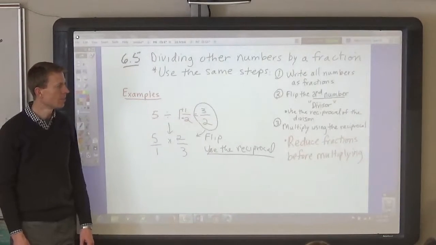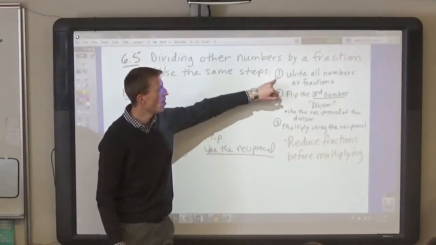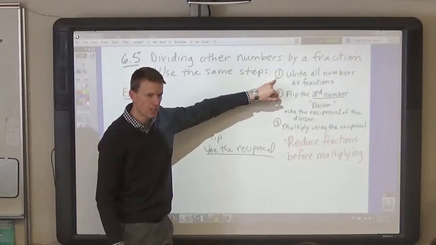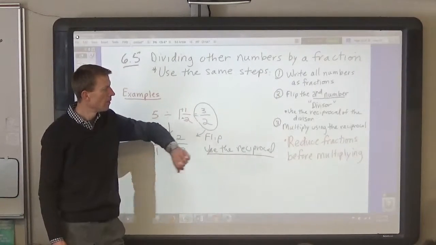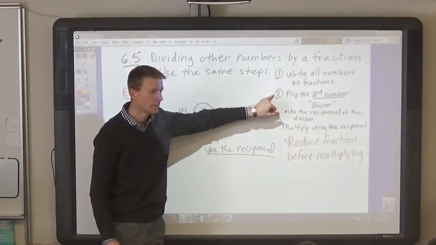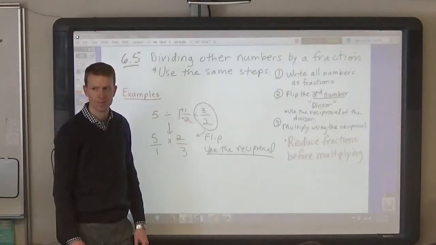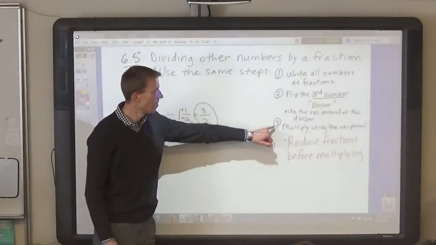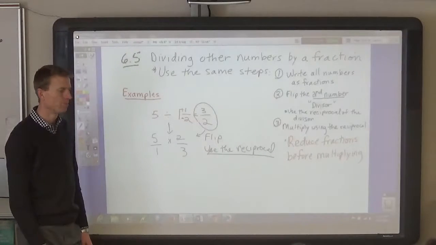Okay? Does everyone have this procedure copied? Write all numbers as fractions. Flip the second number. Multiply using the reciprocal.